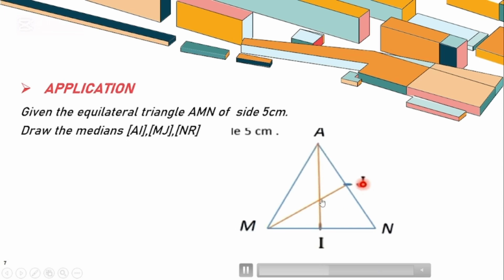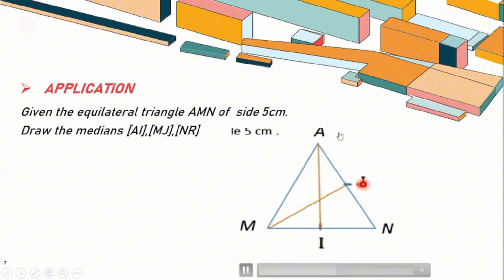The last one, as we said before, we can draw the last median without using the ruler, just passing through the intersection point, because all medians intersect at the same point, which is the centroid.